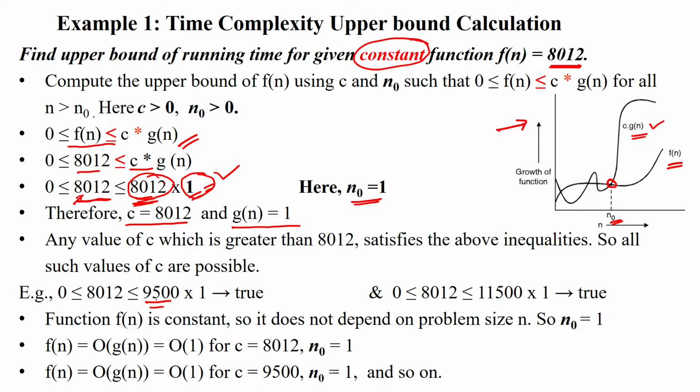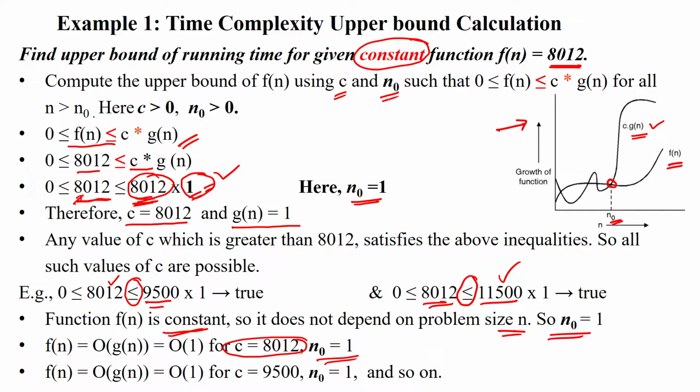Yes, it is greater than 8012. Likewise, when substituting 11500, yes, 8012 is always less than or equal to 11500. Since f of n is constant, it does not depend on the input size n. So from here n0 will be 1. For each constant we can find the values of c and n0.